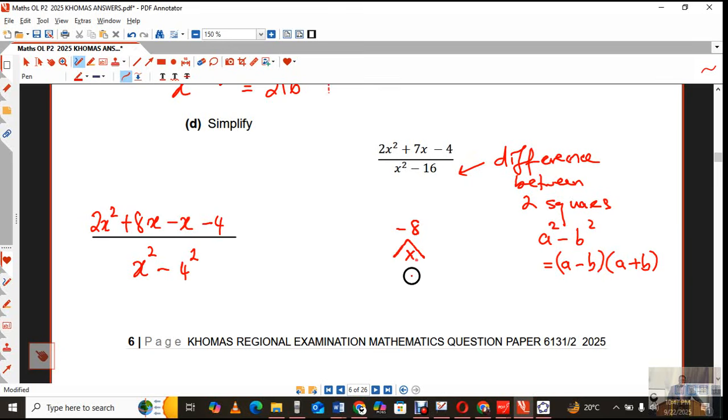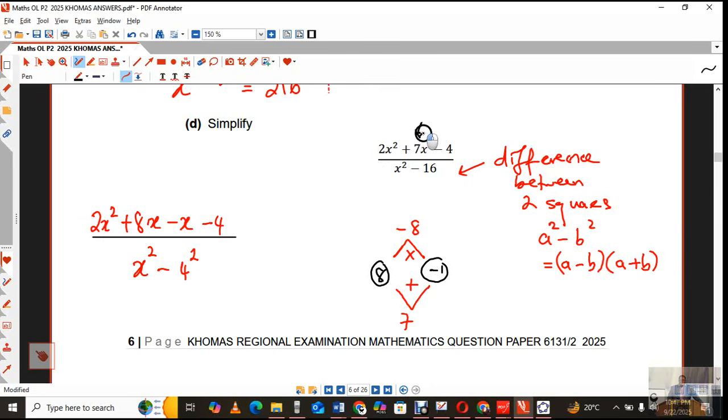And if you add those numbers, they give you positive 7. And those numbers happen to be 8 and negative 1. If you multiply these two numbers, you're going to get negative 8. If you add them, you're going to get that 7 that is over there.